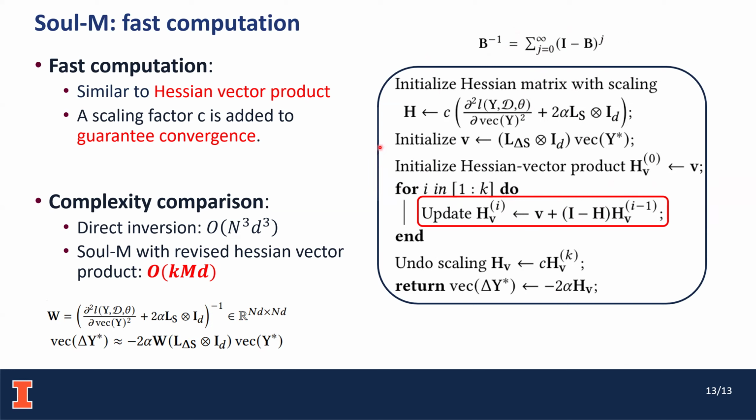And by applying this Hessian vector product, we can reduce the time complexity to k times m times d, where k is the number of rounds we do the Hessian vector product, m is the number of entries in the similarity matrix, and d is the output size of the y star. And also note that we're doing a slight change to the Hessian vector product, because our W is n times the Hessian inverse, so we need to add a scaling factor C to guarantee the convergence of the whole process.